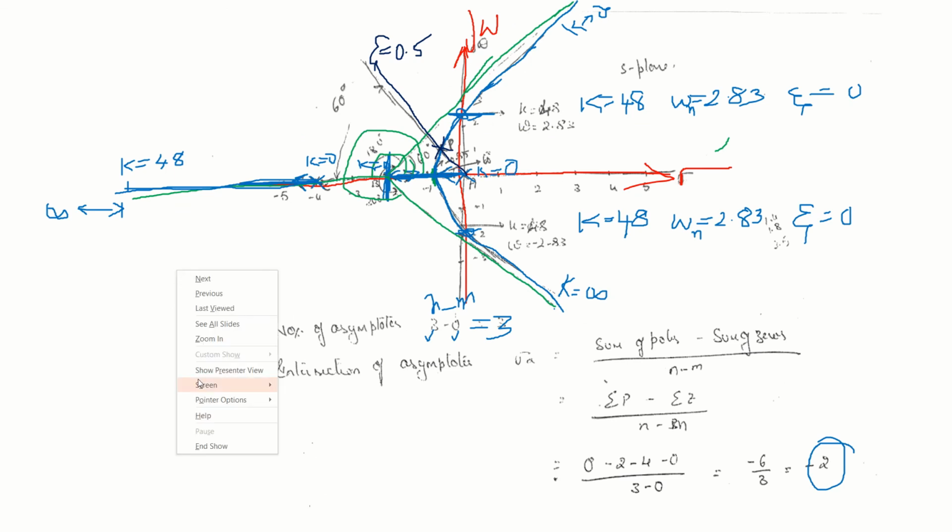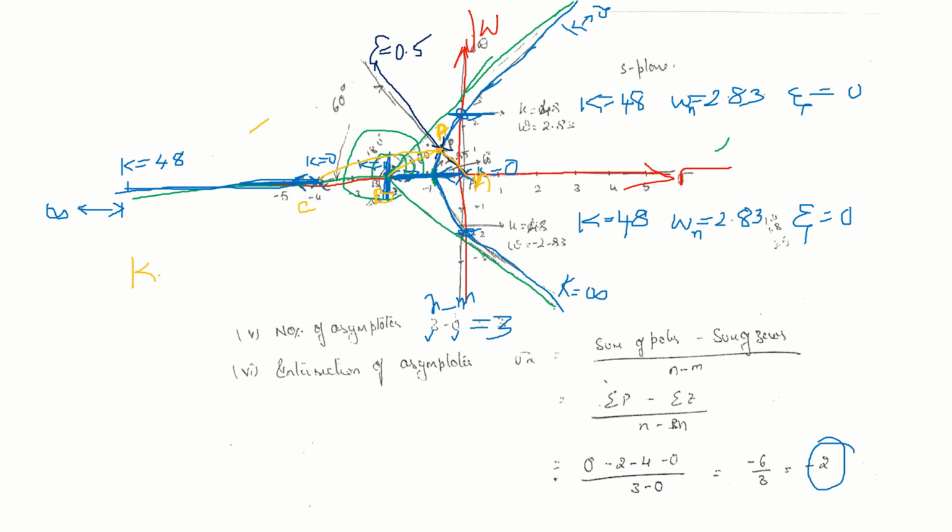Let us take this point, P. From here you draw a line, from here you draw a line, from here you draw a line. Let us call them A, B, C.